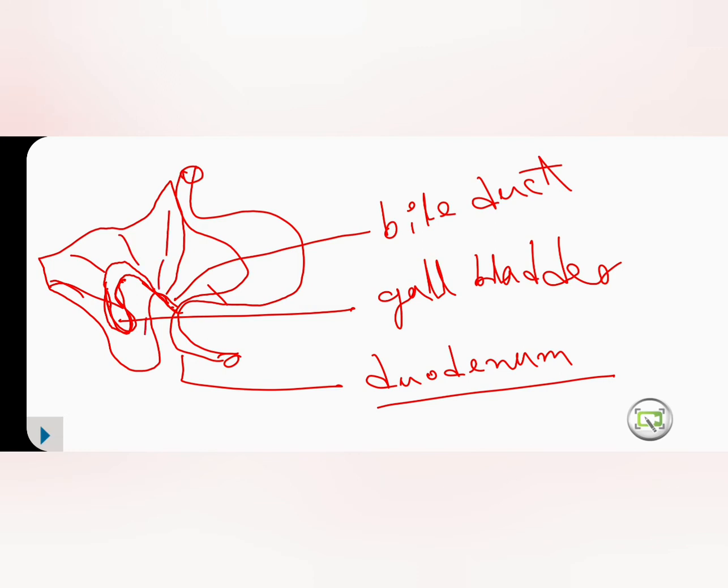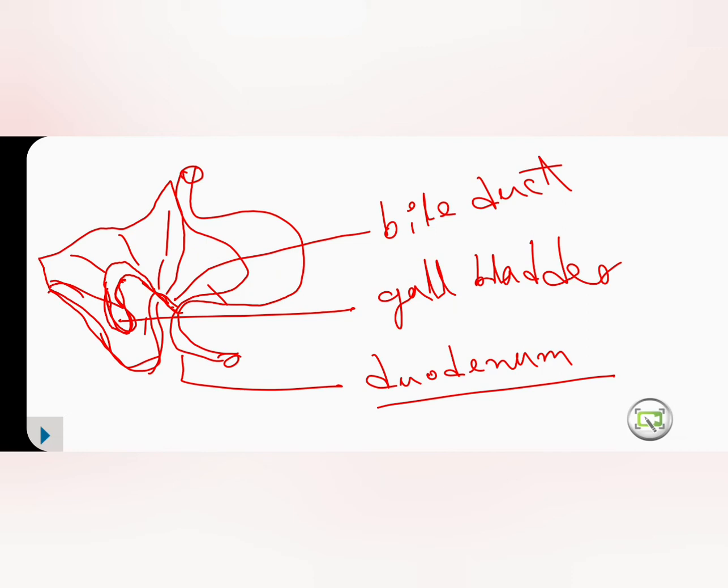These lobes of liver are made of specialized cells called hepatocytes. Those hepatocytes secrete bile juice. That bile juice is temporarily stored in the gallbladder and it is released into duodenum whenever it is required.